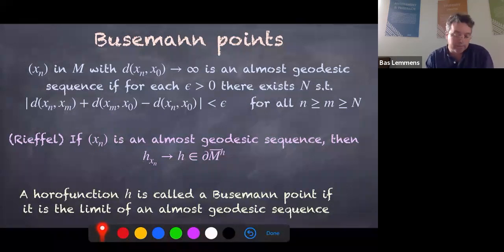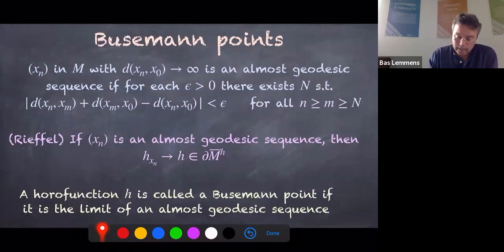In fact, Rieffel asked when all horofunctions come from almost geodesics. These horofunctions that come from almost geodesics are called Busemann points, and you can ask yourself, when is it the case that all horofunctions are Busemann points? This is not an easy problem.